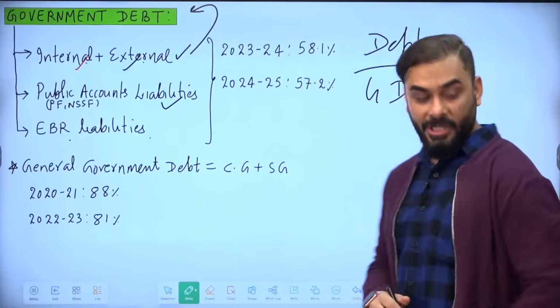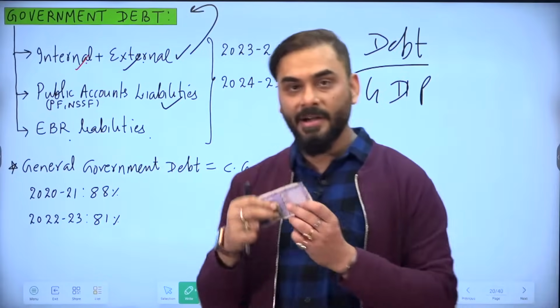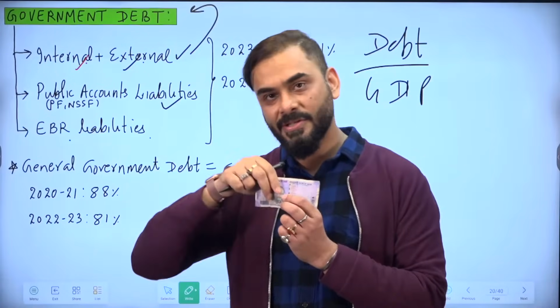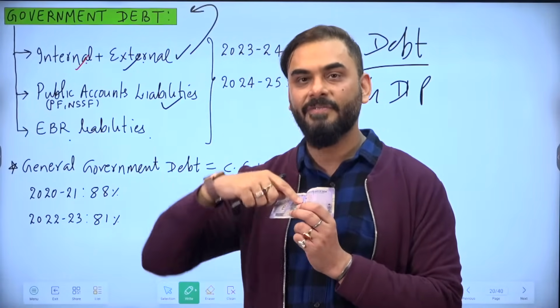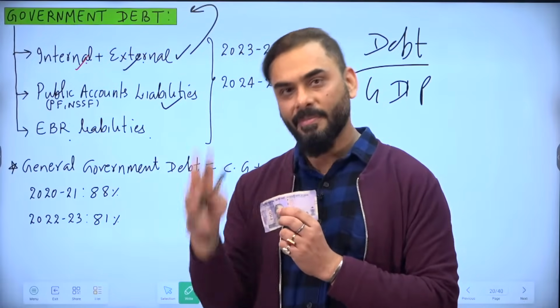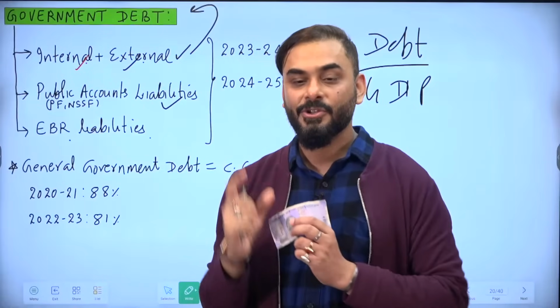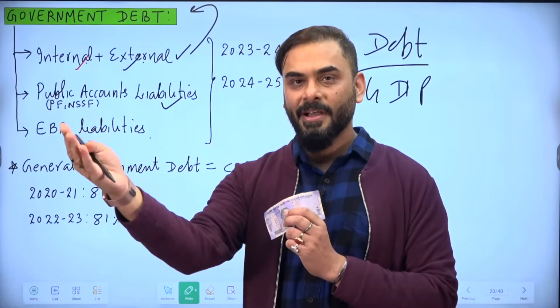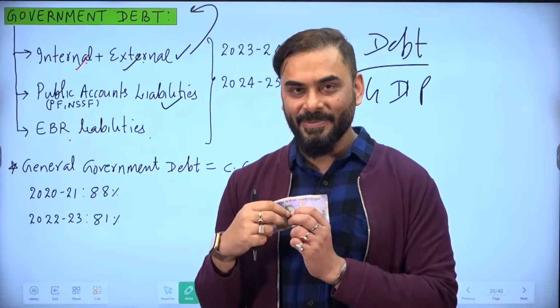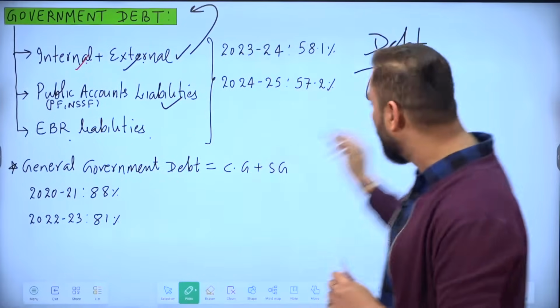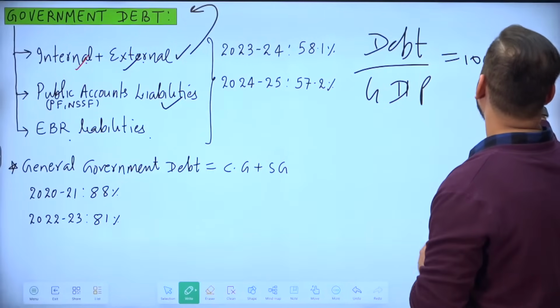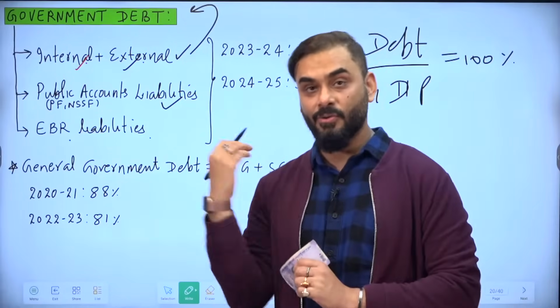It means if I earn 100 rupees, and this entire 100 rupees I have to return because I borrowed money in the past from somebody. So debt to GDP ratio means whatever I earn in my economy, exactly that much money I have to return to somebody because I borrowed that fund. That is called a debt to GDP ratio of 100%. The IMF says the worst case for India could be this.